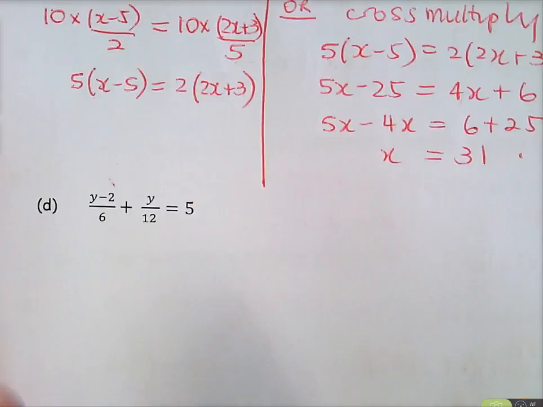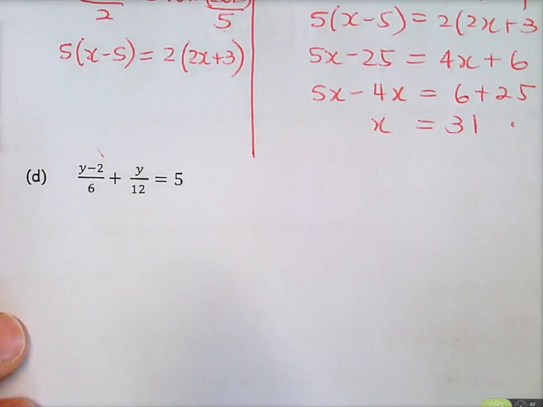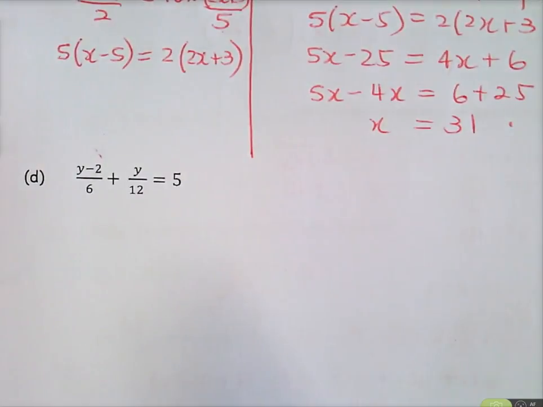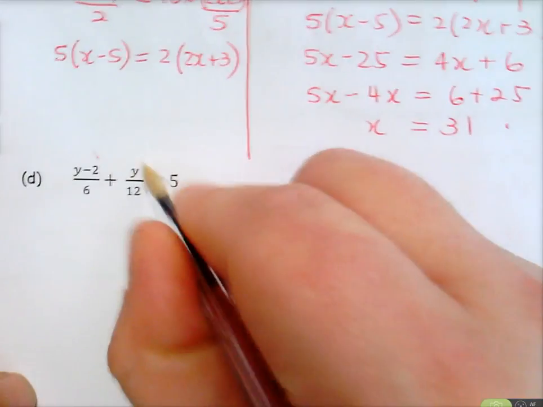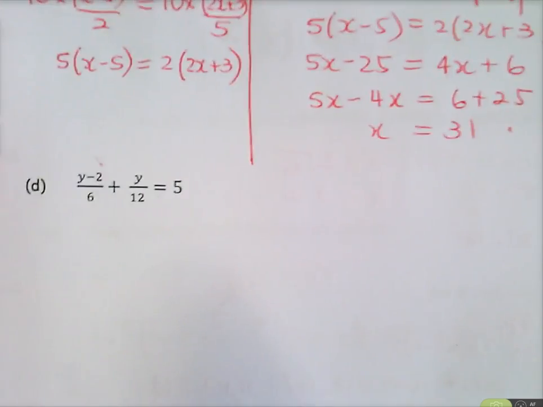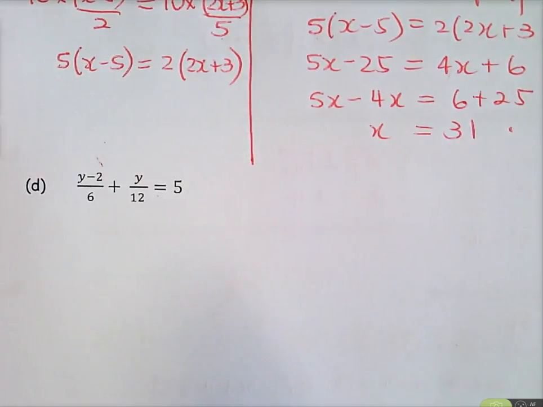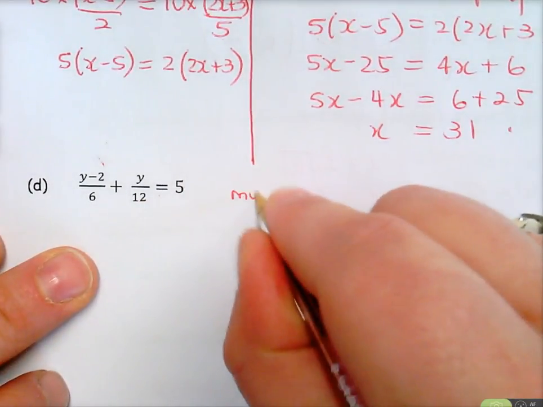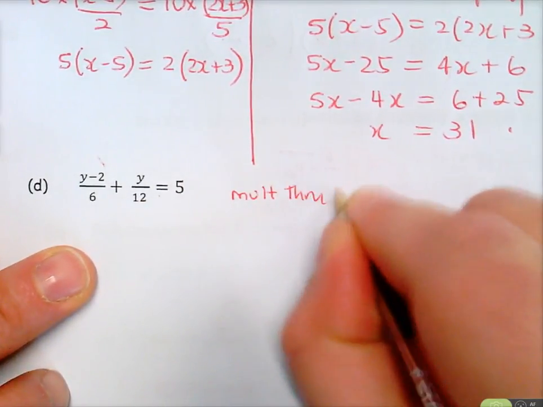Now, the next question here. We look at this and we say, right, fractions. Equations with fractions. This is an equation because left-hand side equals right-hand side. So I want to get rid of those denominators of the fractions. The lowest common denominator here is 12. I'm going to multiply through by 12.